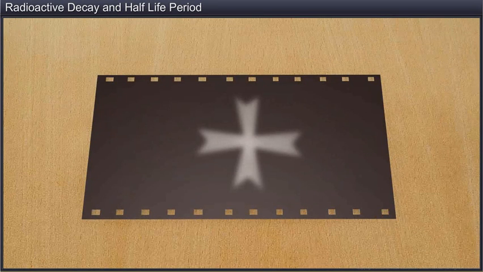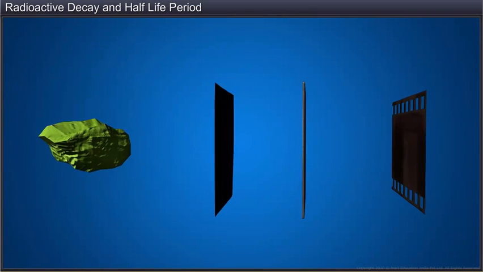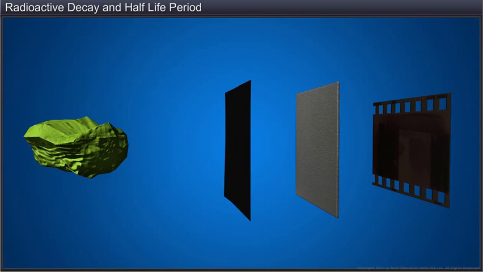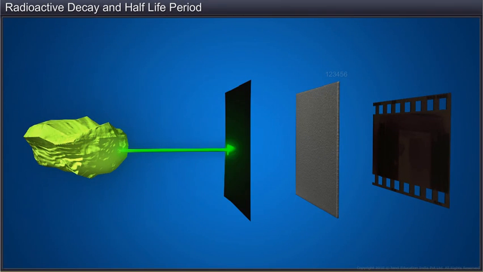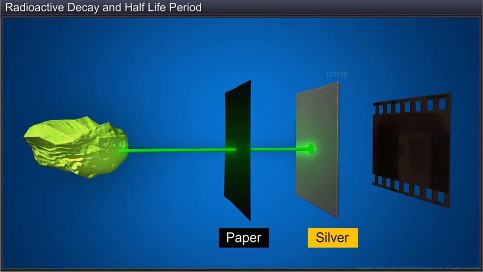This is how the photographic film looked after it was developed. Becquerel assumed that the fogging of the film was due to some rays emitted from the mineral compound, which could penetrate through the black paper and the silver cross and expose onto the photographic film.